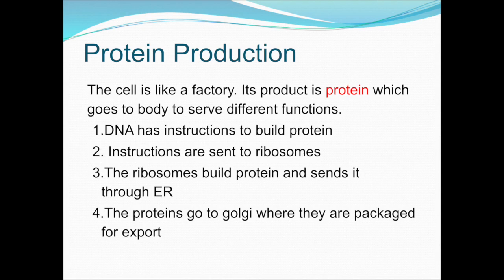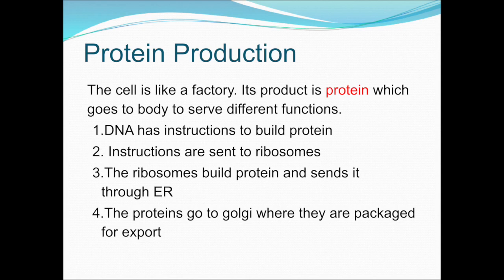How the protein is generated, how it is transformed into energy, we can find in this slide. So the cell is a factory. At first it generates the protein. The instruction that the protein is to be generated will be created by the DNA. Deoxyribonucleic acid will have the instruction to generate the protein, but the protein would actually be generated by the ribosome.